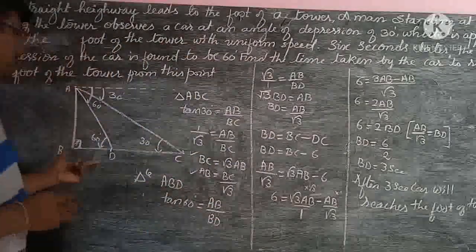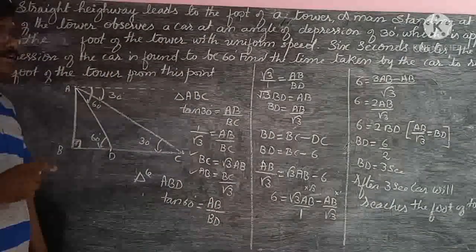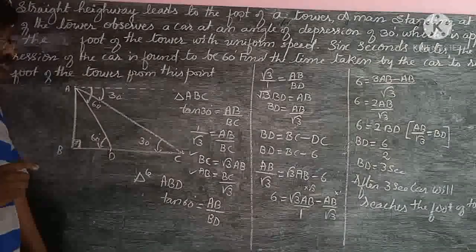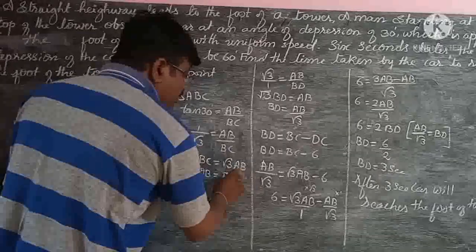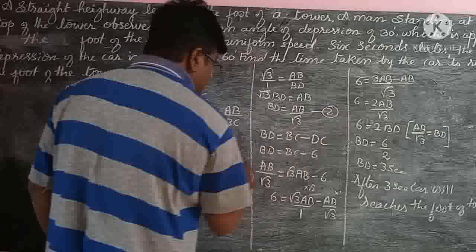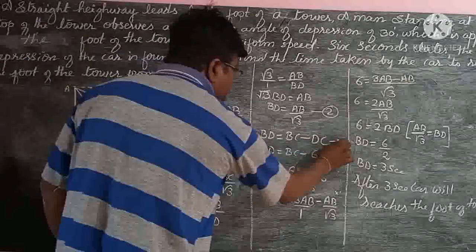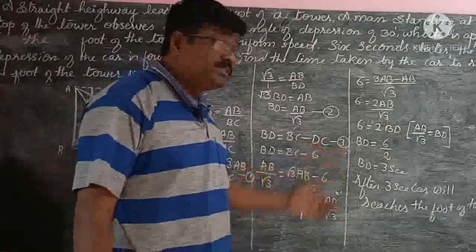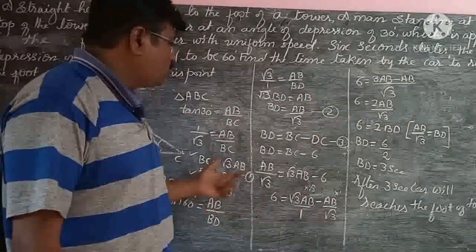After 3 seconds, BD. Here we can call these equation number 1 and equation number 2, and substitute equations 1 and 2 into equation number 3. There are three equations, and in the third you substitute both 1 and 2.